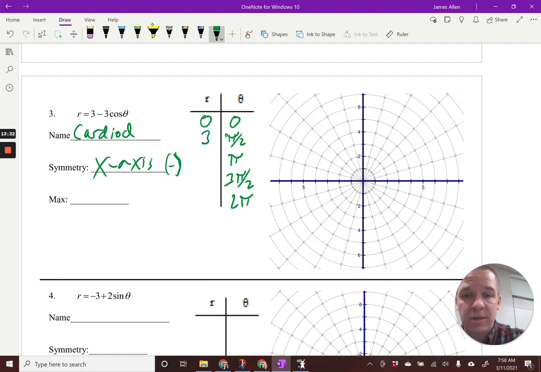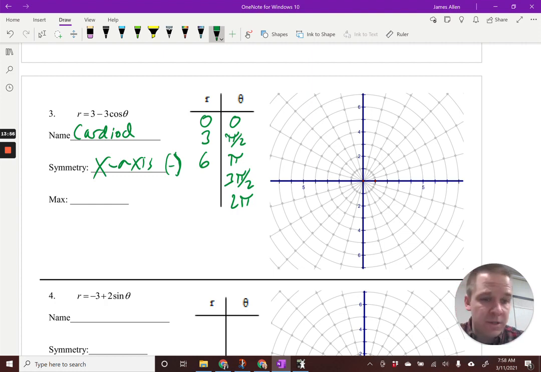So 3 minus 0 is 3. And then at pi, let's see here, cosine is -1. So -3 times -1 is +3, plus 3 is going to give me 6. All right, good stuff, good stuff.